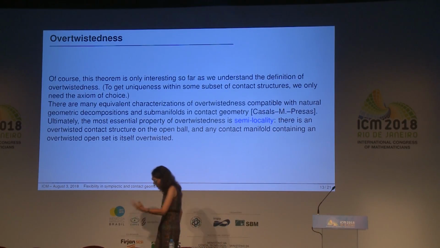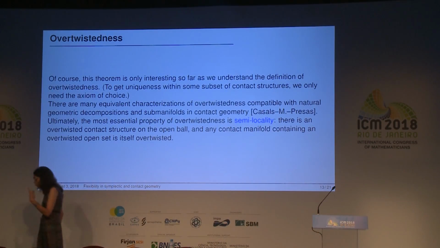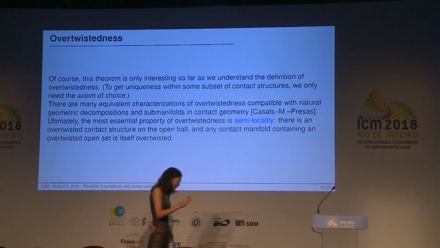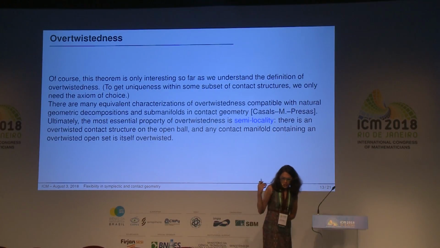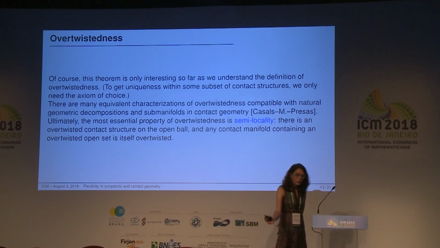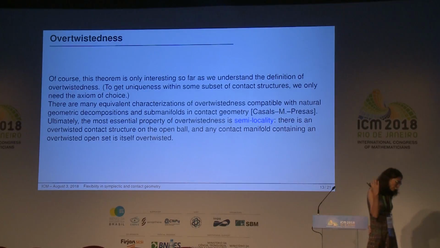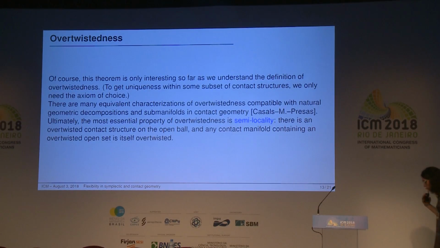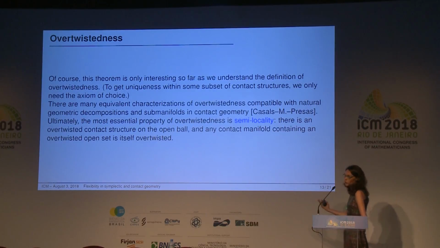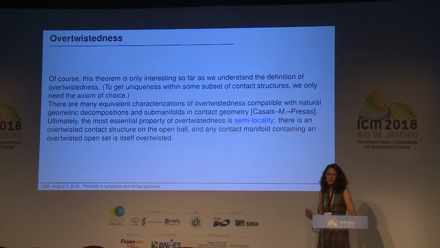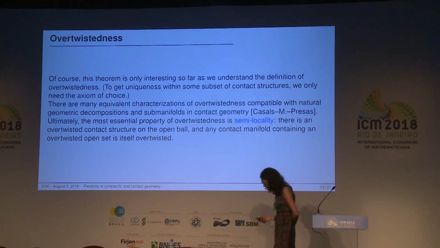What this actual model is is a complicated question, and also connects to ongoing work. But in fact, just this semi-locality plus the statement of the classification actually uniquely determines which contact structures are overtwisted. It's a sort of universal property, if you want.